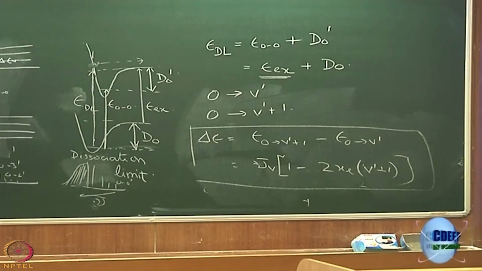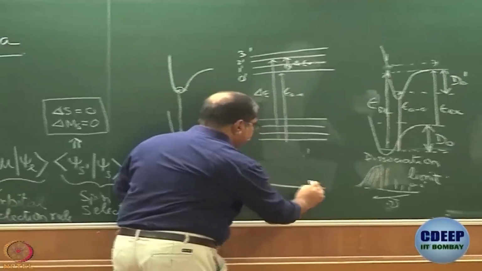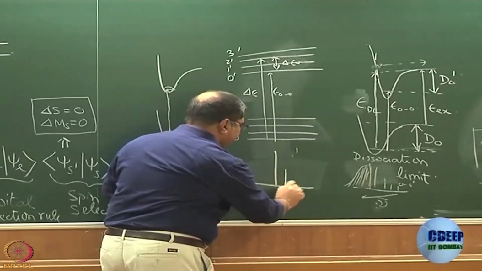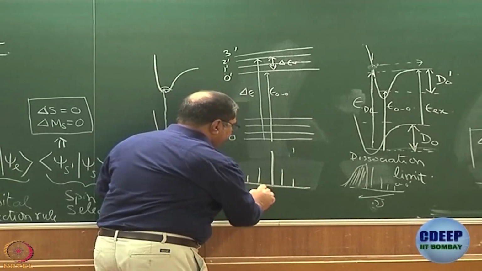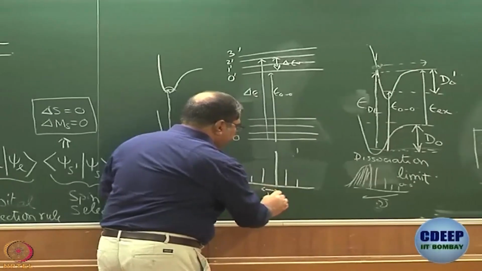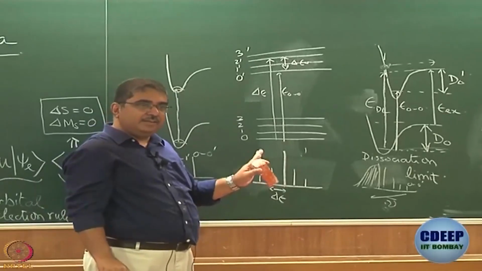What is delta epsilon? Delta epsilon is the separation between two lines in this spectrum, right. This is delta epsilon, isn't it? We will draw it a little better. One of these separations is delta epsilon, all right.